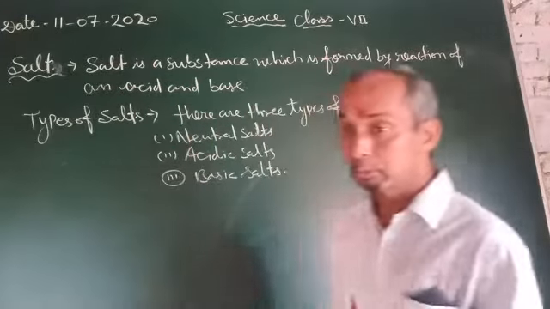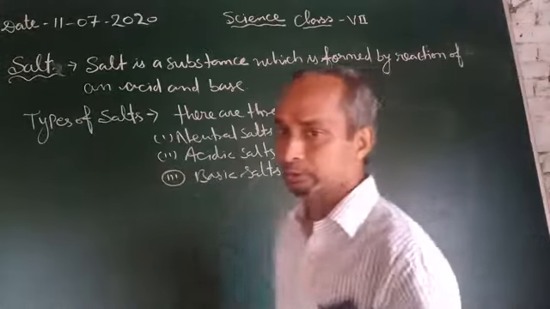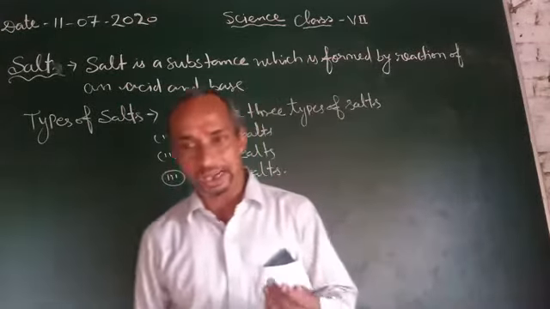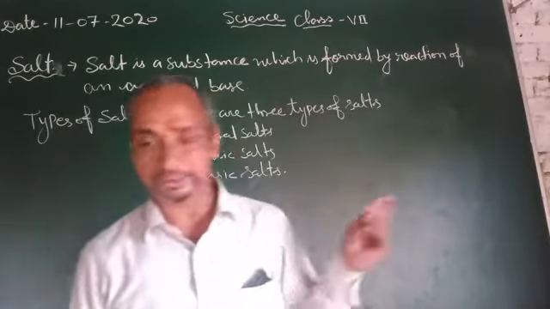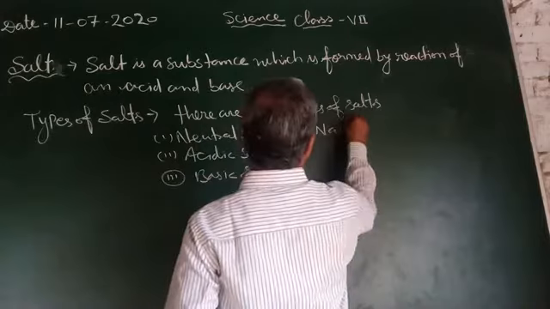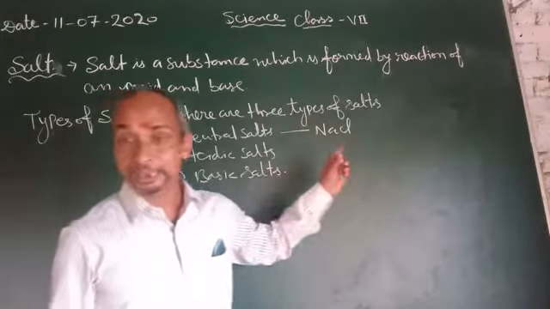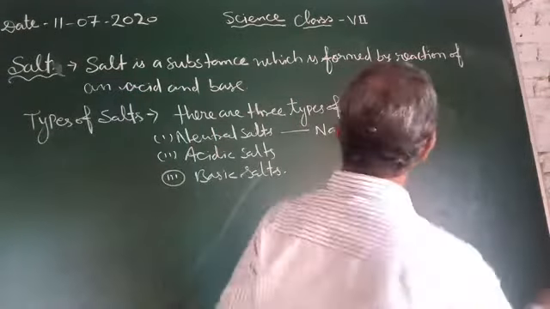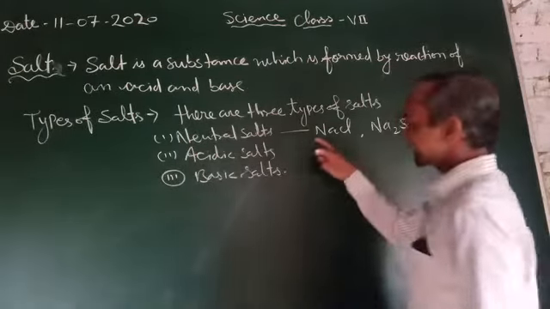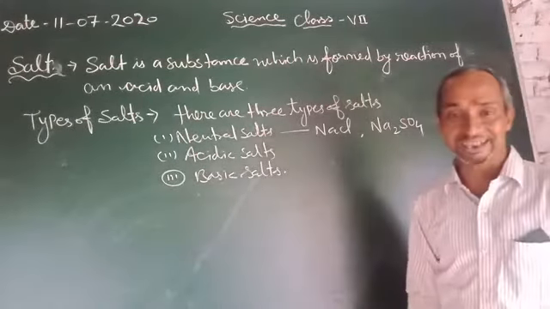Those salts which form a neutral solution on dissolving in water are called neutral salts. For example, NaCl, sodium chloride, and Na2SO4, sodium sulfate. These are examples of neutral salts.